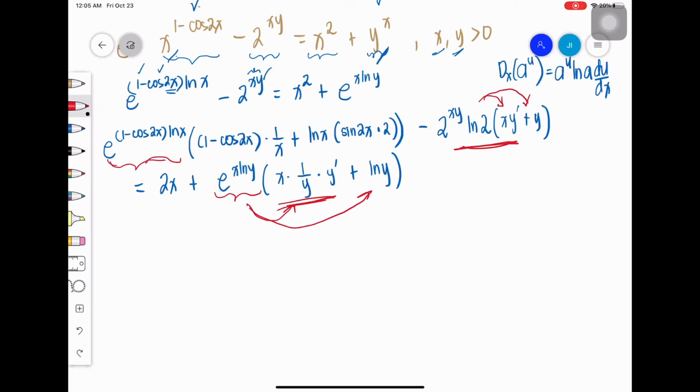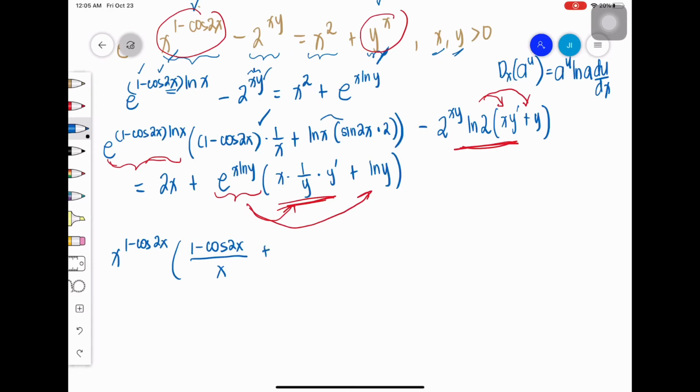Okay lang? So we'll have something like, the original form looks like this, guys, over here. We have x raised to 1 minus cosine 2x, tama, multiplied to 1 minus cosine 2x all over x, plus, rearrange ko lang to, 2 ln x sine 2x, minus, siguro dun sa second term, distribute ko na para madali na lang yung paglipat ng y prime later.